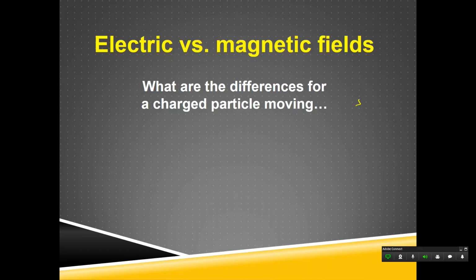Okay, so maybe not linear trajectory, because we can make them have parabolic trajectory, but I like what you said about the initial direction of the particle being in the same direction as the electric field. So for electric field, we're going to say that acceleration is along the same plane as E.